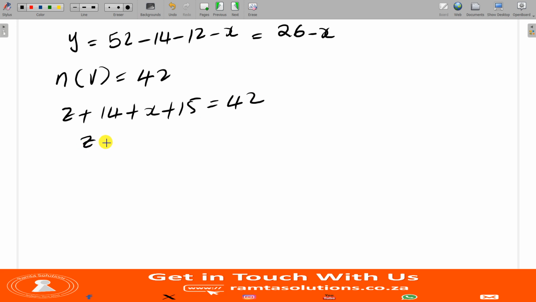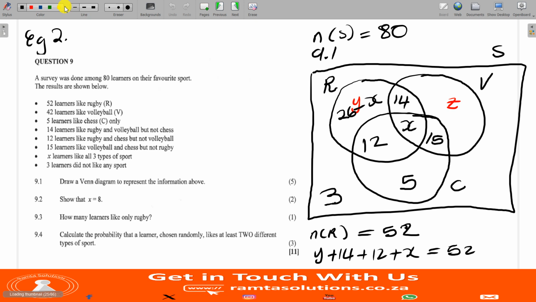So what is this Z? This Z is 42 minus 14 minus 15 minus X. 42 minus 14 minus 15 is 13. So this Z is 13 minus X. When we fill in this information, this part here will be 13 minus X.